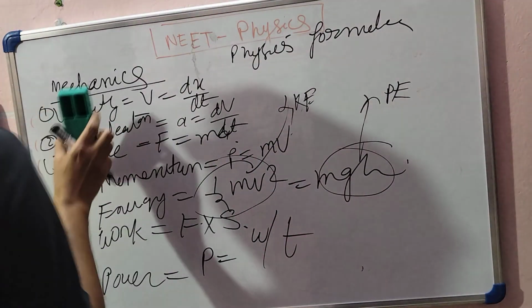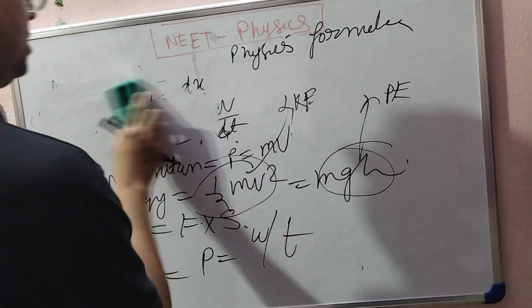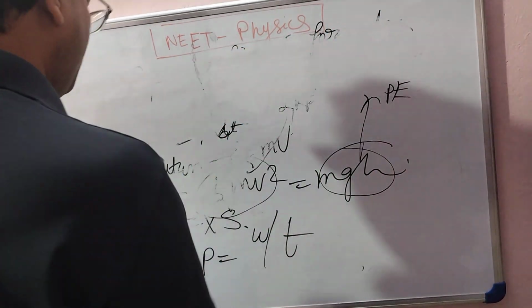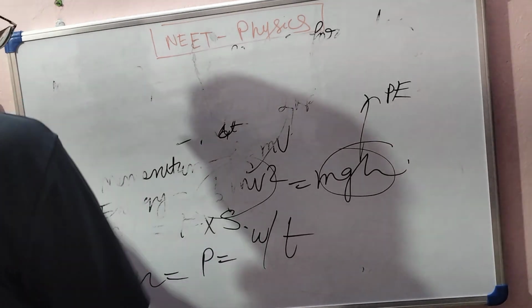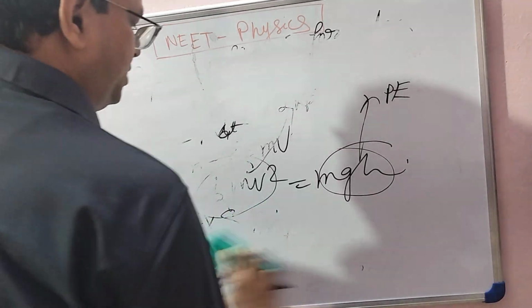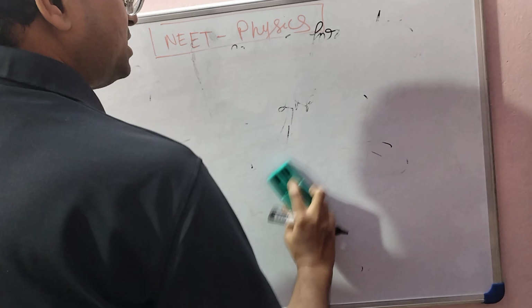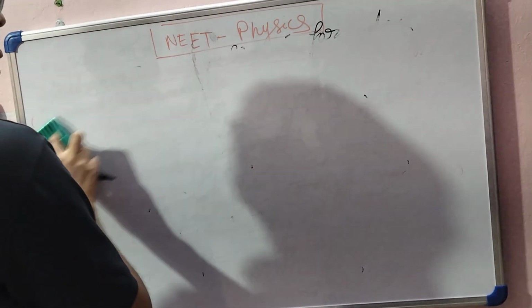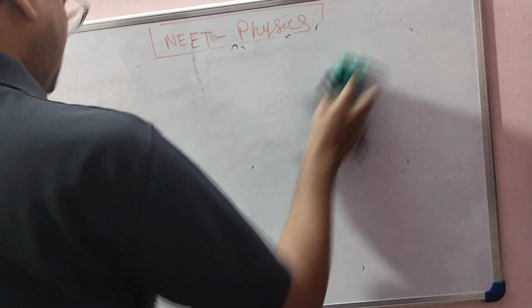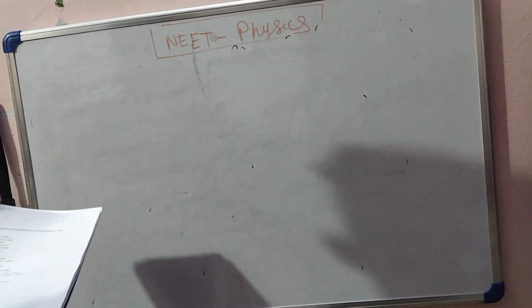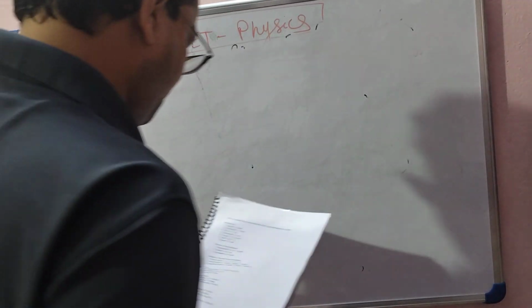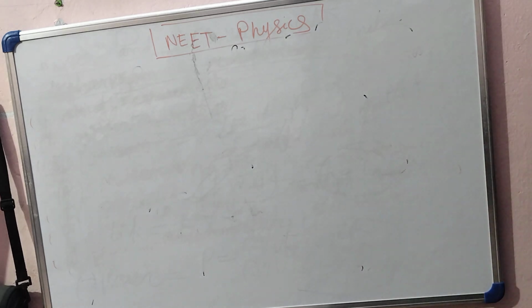We will discuss the first unit after these mechanics formulae. Then different 6 to 7 units are of mechanics and other units. Then we proceed to unit number 1.